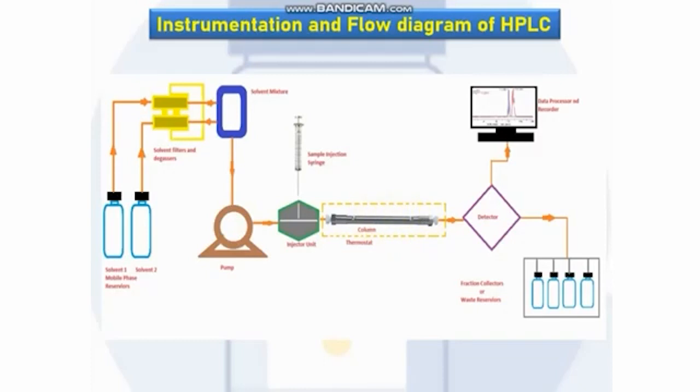Differential distribution of sample components between packing material and the mobile phase brings about differential migration of components along the column and thereby affects separation. After emerging from this analytical column, the separated components pass through a detector.